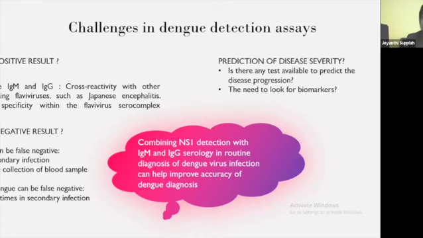I don't think we have any commercially available test kits to do that. So which means we need to look for new biomarkers in this area. So right now, what is best is combining the NS1 detection with IgM, IgG serology in routine diagnosis of dengue infection, which can help to improve accuracy of the dengue diagnosis.